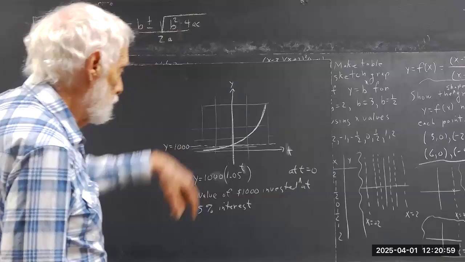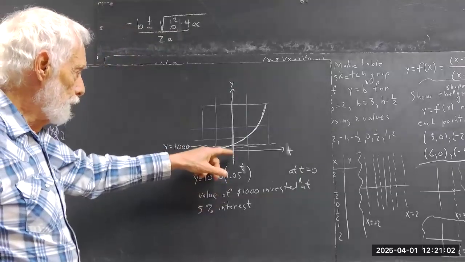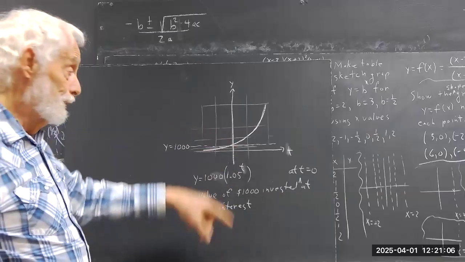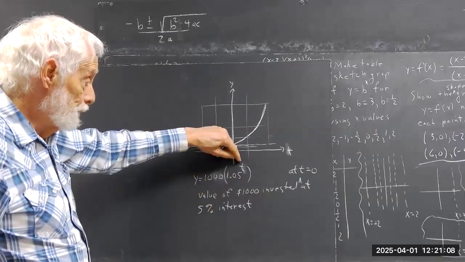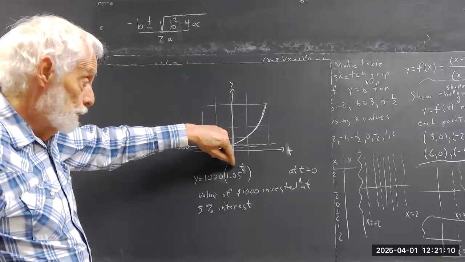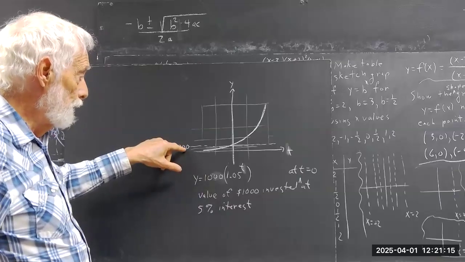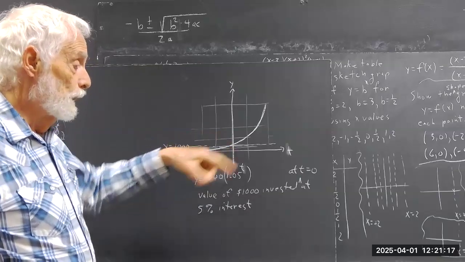So you can construct your toolkit function with 1,000 in front of it, where you label that y equals 1 point as y equals 1,000. Because if t equals 0, 1.05 to the 0 is 1. So you'd have 1,000 times 1. So you'd have 1,000 here when t equals 0. That's your y-intercept.